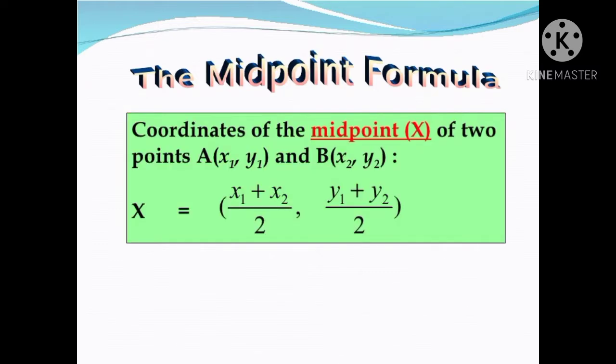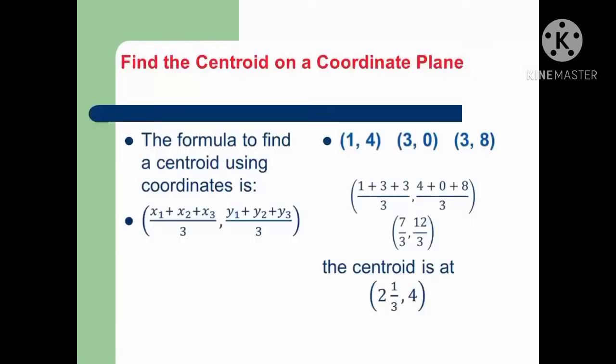Midpoint formula: coordinates of the midpoint of 2 points A(x1, y1) and B(x2, y2) is (x1 plus x2 divided by 2, y1 plus y2 divided by 2).